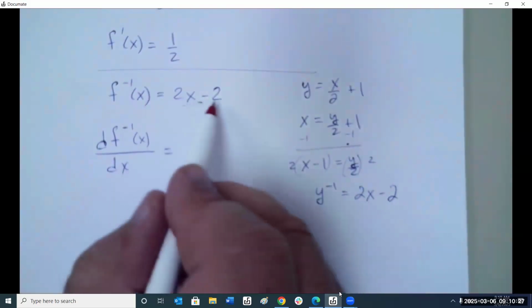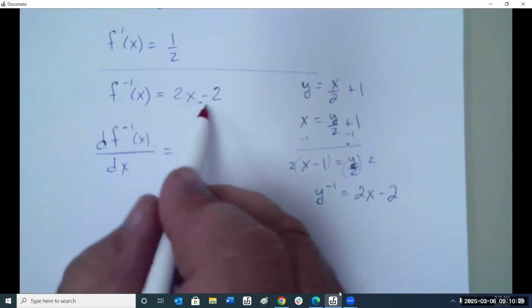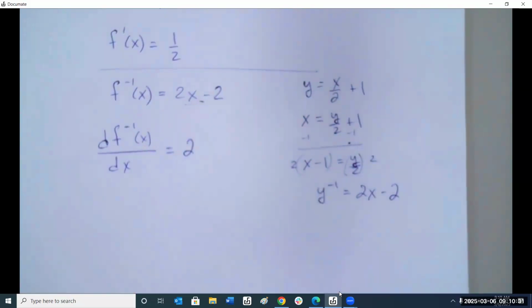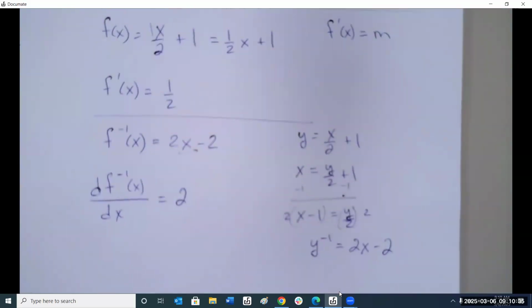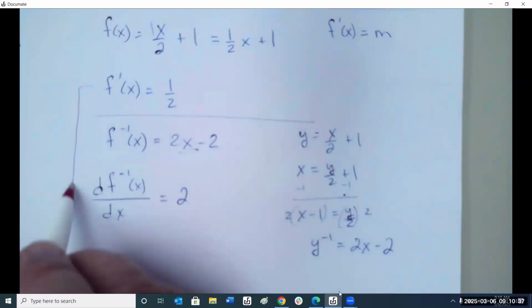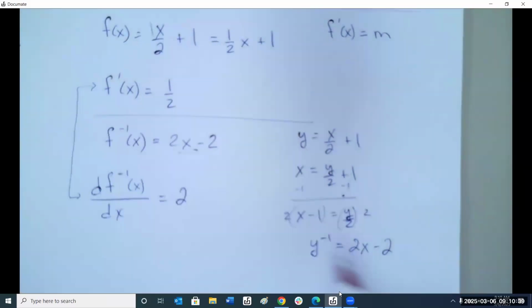What's the derivative of that function, ladies and gentlemen? 2. So look at the derivatives of the two functions. What do we notice about them? Not a trick question, it's just observation. What do you see?